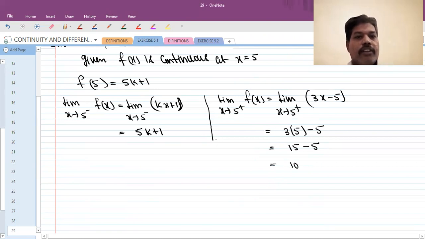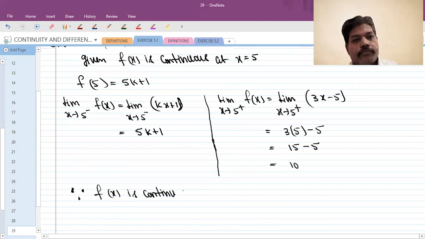So that value is the right hand limit. The left hand limit is 5k plus 1 and the right hand limit is nothing but 10. Since f of x is a continuous function, f of x is continuous at x is equal to 5.